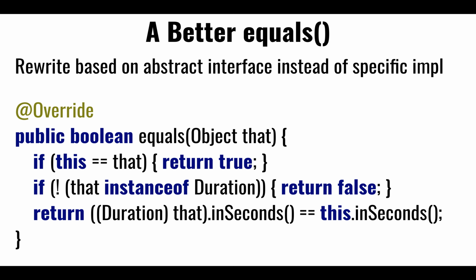But a better solution would be to not be tied to any one particular implementation, because whatever implementation you're running in, you will be overriding functions that were declared in your parent interface. So you can always be cast back into that particular interface.